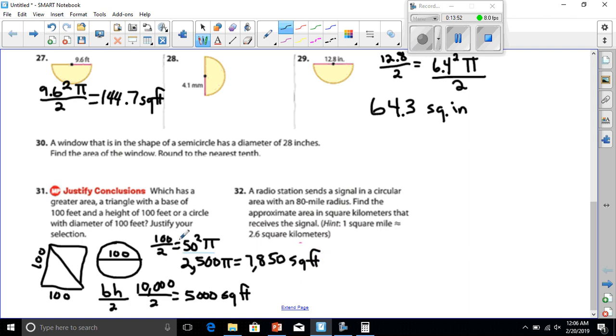And so when asked which has the greater area, looks like the circle does. So I would say the circle for my answer.